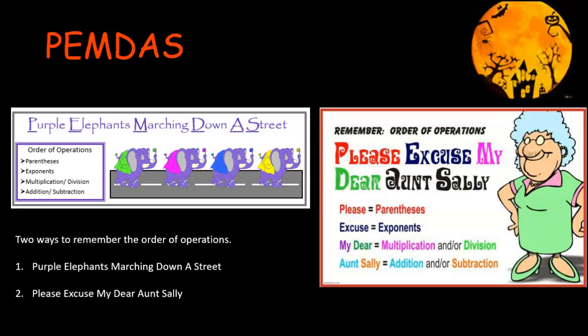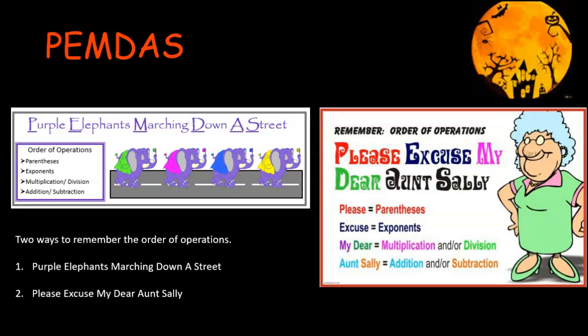Then, marching down, multiplication and division are the next operations you use, and you do them in the order that they are in the original problem. Same with addition and subtraction. That's my A street, right? Addition and subtraction are the last things you do, and you do those in the order in which they appear in the original problem.